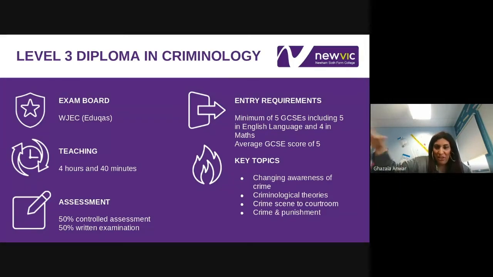That controlled assessment is internal. Then at the end of the year, you'll take a written examination that's worth 50%. But don't worry, it's not 8 hours like the first assessment. This one is just an hour and a half, like the written examination you're normally used to, and that's an external exam.